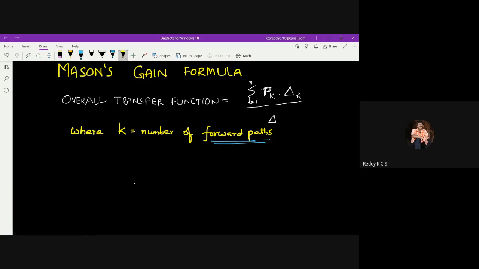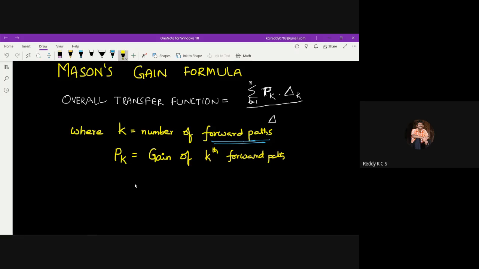Coming to the second parameter, Pk. So what is Pk? P is nothing but the forward path gain. It is the gain of the kth forward path. If there are two forward paths, then you get P1 and P2.